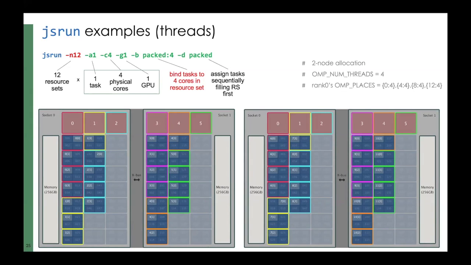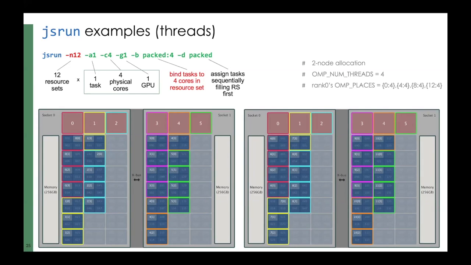In this example, I grabbed 2 nodes just to show the layout between the 2 nodes. Before I ran jsrun in my batch script or in my interactive batch job, I set OMP_NUM_THREADS to 4 to tell the system to launch 4.